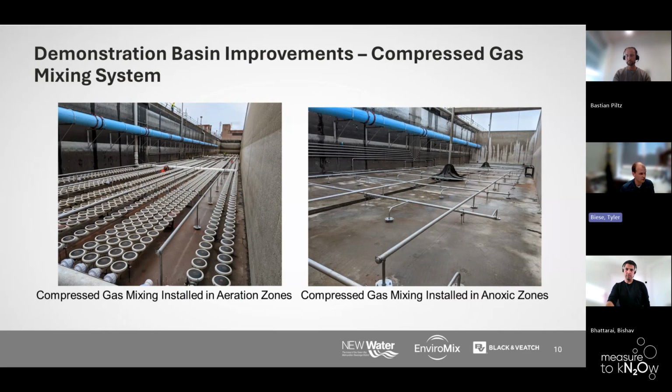And in addition to the mixed liquor recycle pump, we also installed compressed gas mixing in the anaerobic and anoxic zones, just to try a different mixing system compared to our current one.